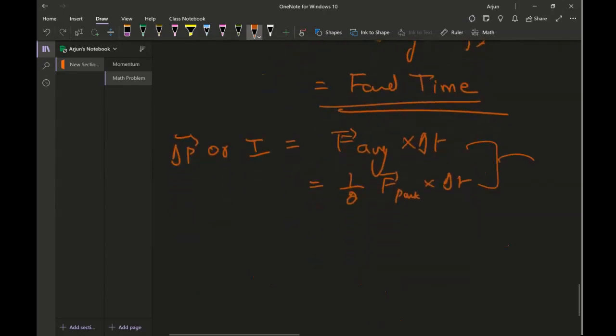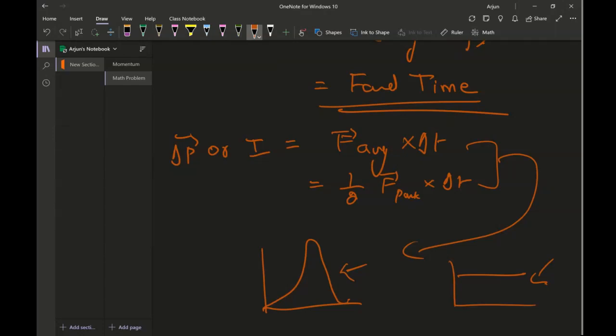This will depend upon what kind of graph you are given. If you are given this kind of graph, then it is the area under the triangle. If you are given this kind of graph, then you will use the first one. Hopefully you were able to understand how to approach these questions.